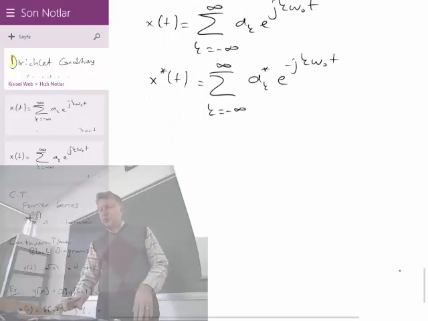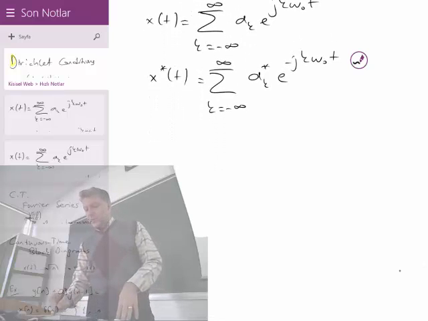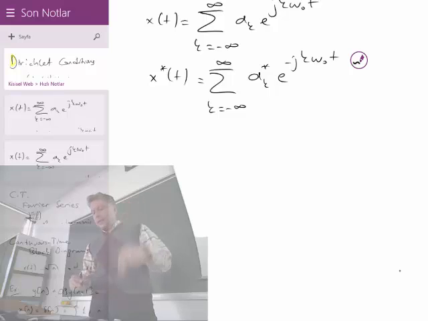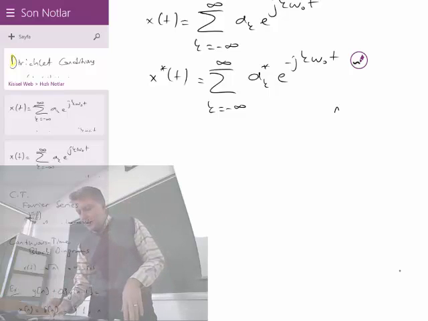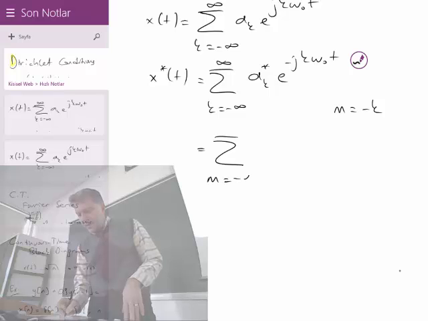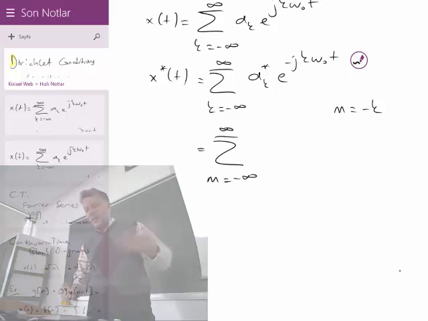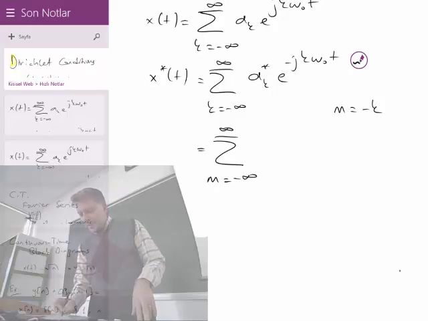And doing the same trick that we did in order to make the exponent positive, let's make a substitution of m is equal to minus k. And then this will be m from, again, minus infinity to infinity. The order has changed, but it's the same running summation. A minus m conjugate e to the j m omega 0 t.